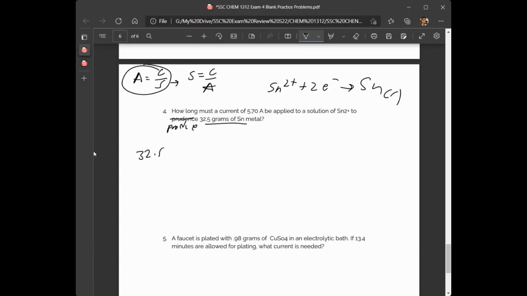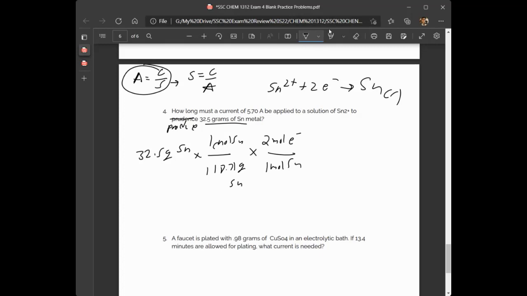So we have 32.5 grams of Sn metal. First we can turn that into moles. So 1 mole of Sn is equal to this amount of Sn grams. And then once we get that, we have moles of Sn. According to the equation up here on the top right, 1 mole of Sn relates to 2 moles of electrons.